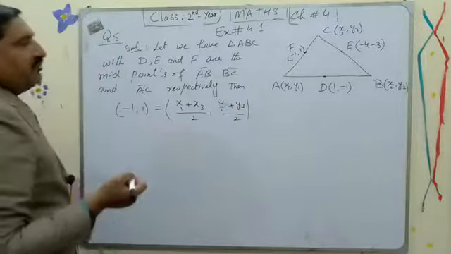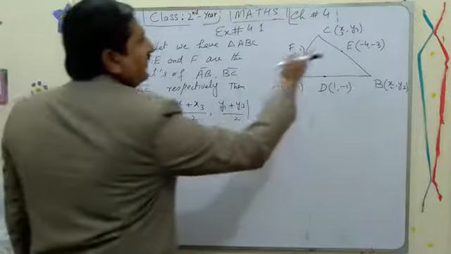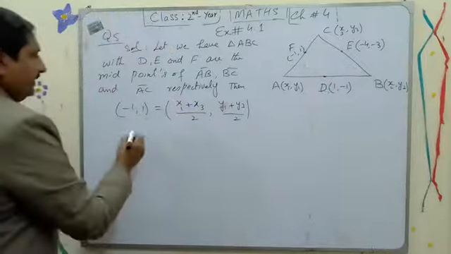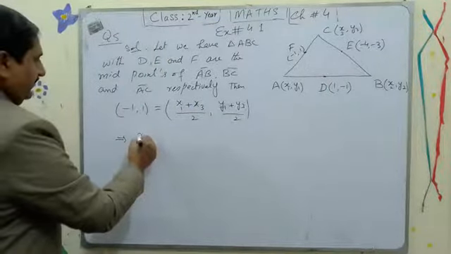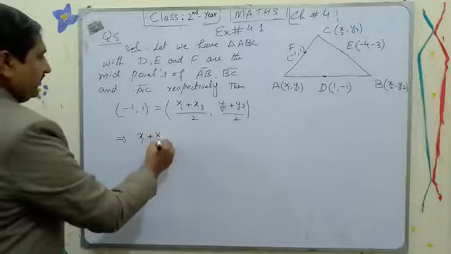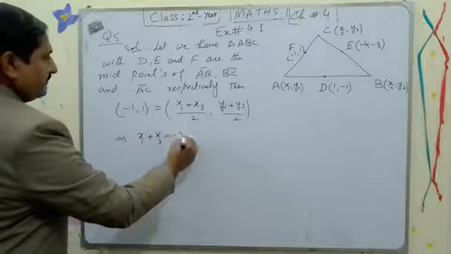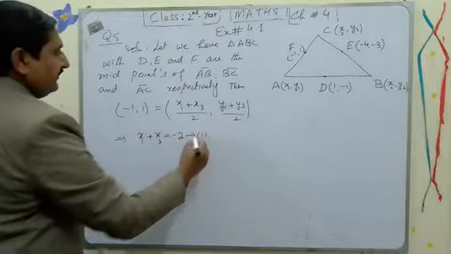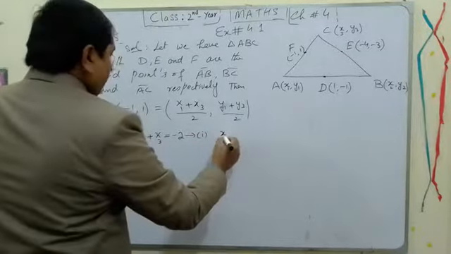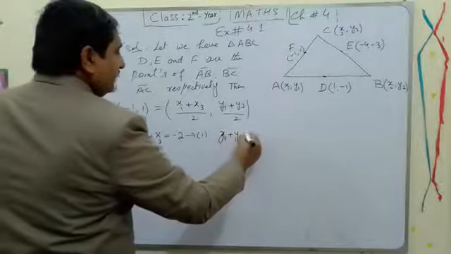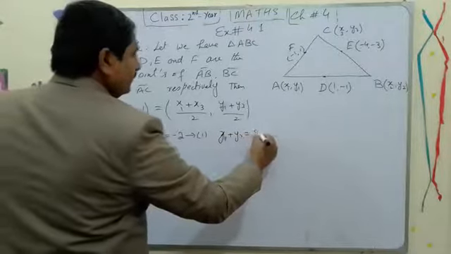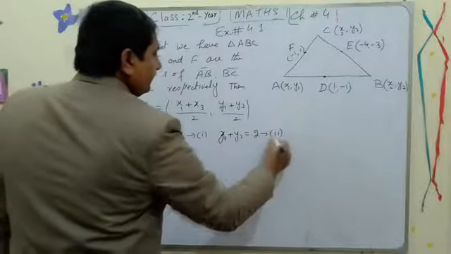If F is a midpoint, we are talking about F, E and D, right? Then this implies that x1 plus x3 is equal to minus 2. This is equation 1. y1 plus y3 is equal to 2, equation 2, right?